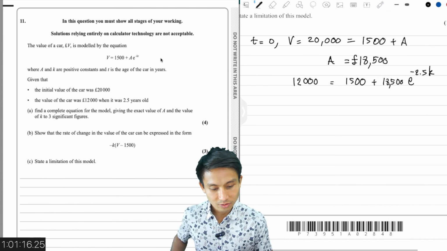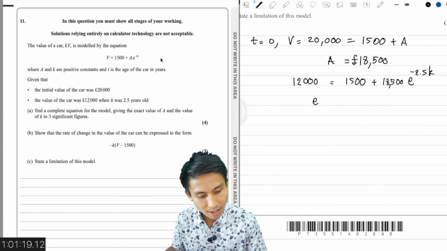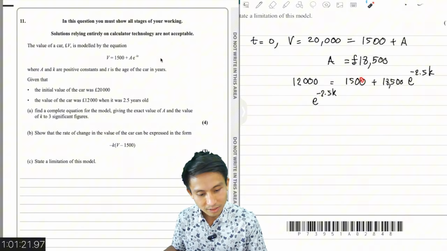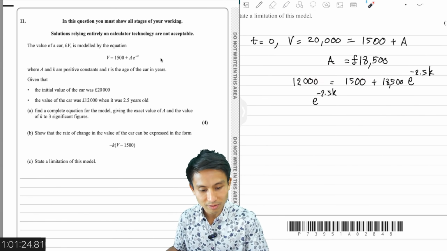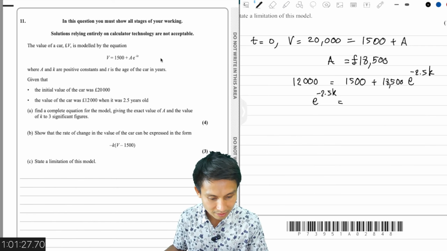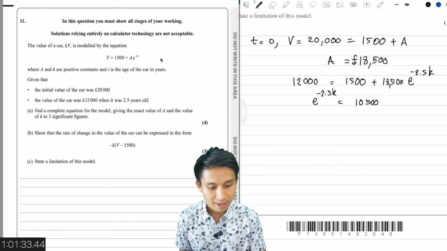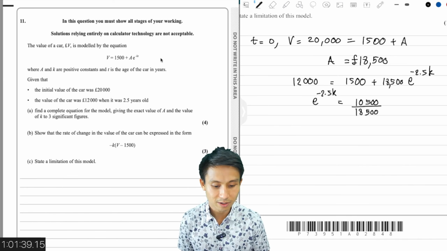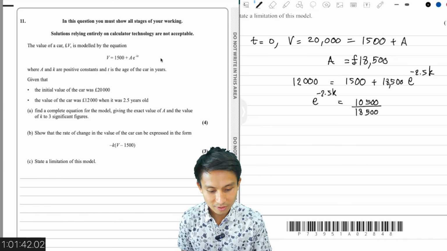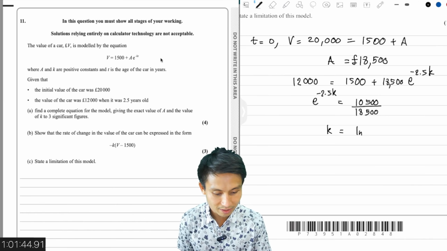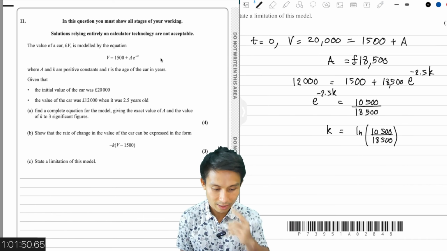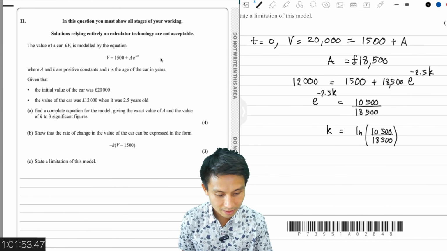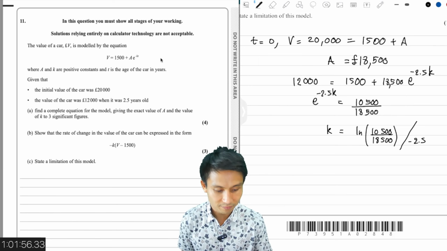So e to the power of minus 2.5k, subtracting 1,500 from 12,000, I get 10,500. Then dividing both sides by 18,500, that would be e to the minus 2.5k. So k itself is going to be ln of this, divided by minus 2.5, just solving the equation there.